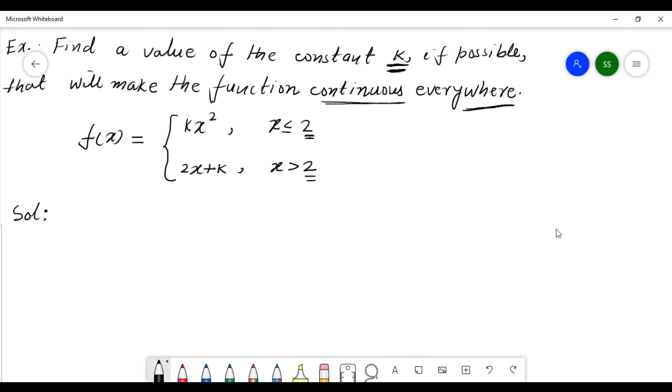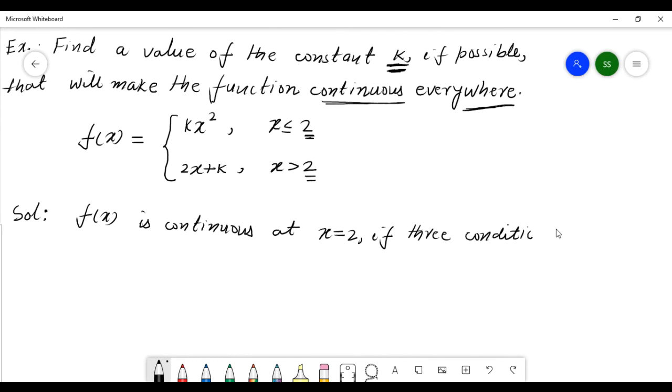So this function f(x) is continuous at x equal to 2 if three conditions are satisfied.